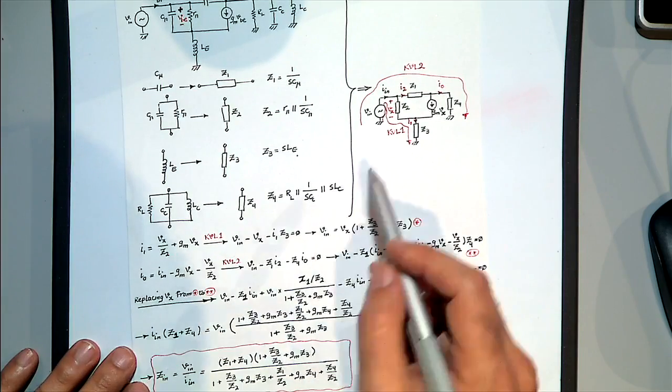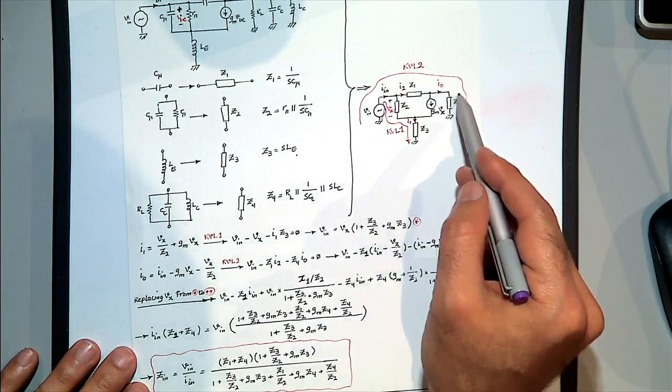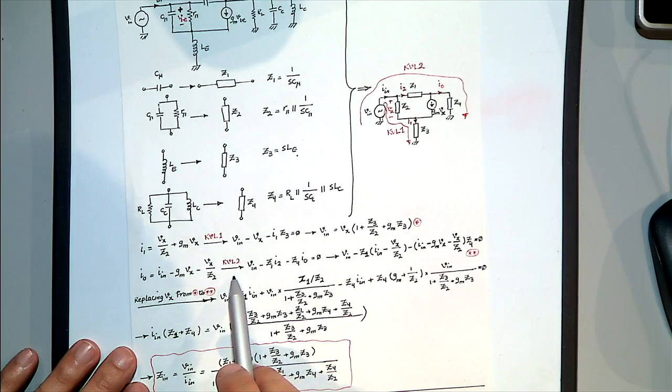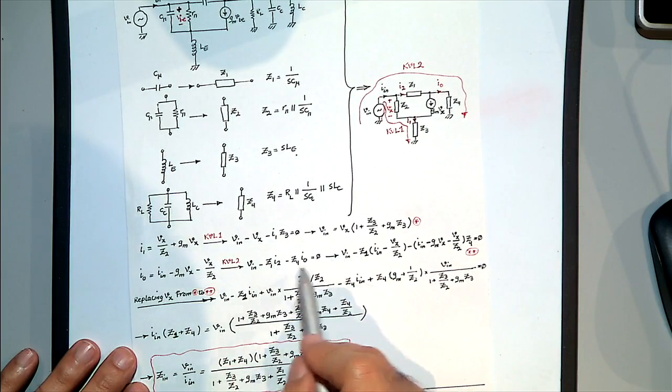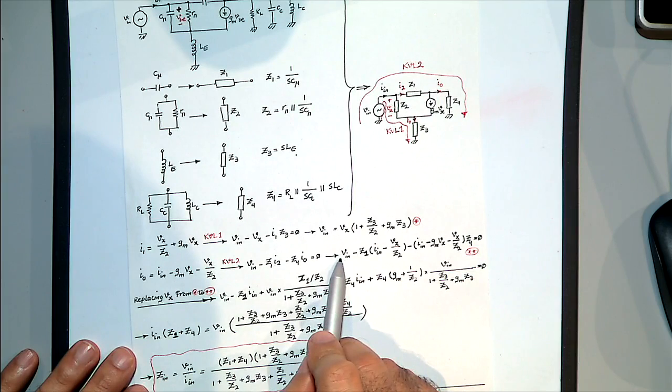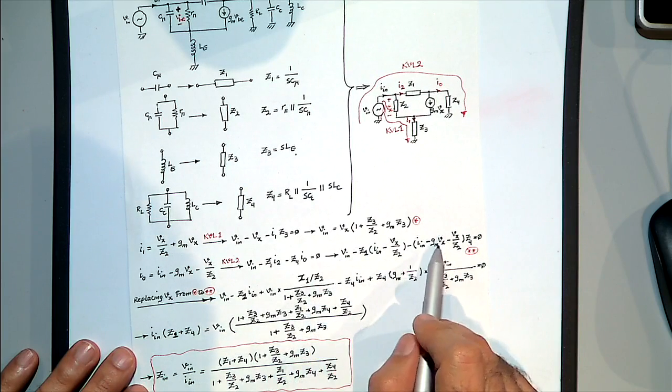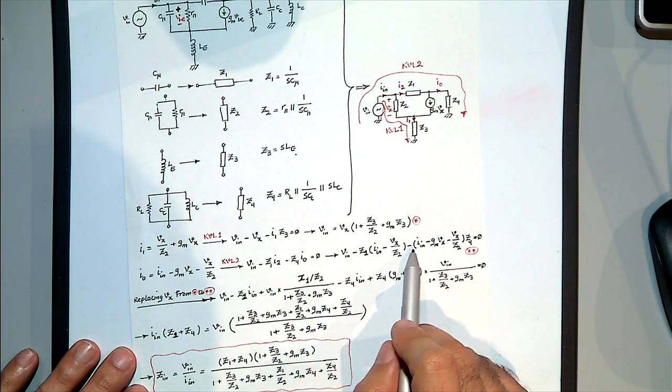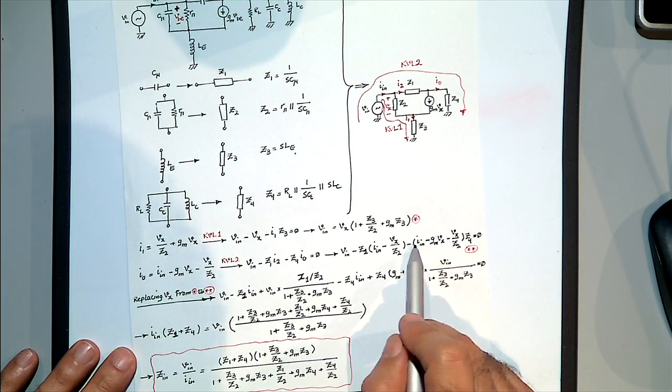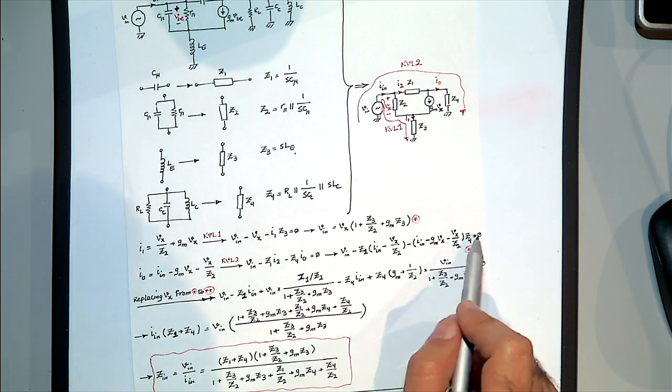And then I write down another KVL in this loop, and based on that, again, I found the V in based on Vx and I in.